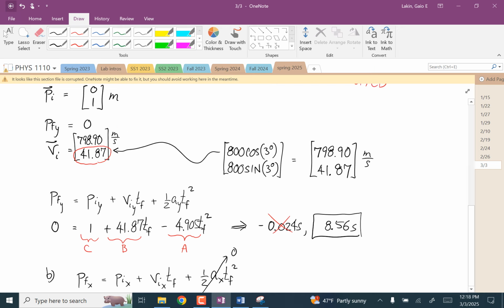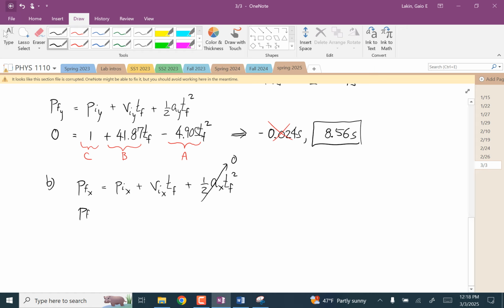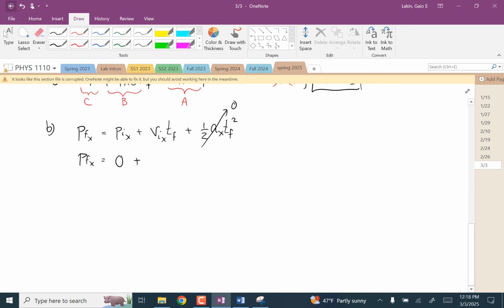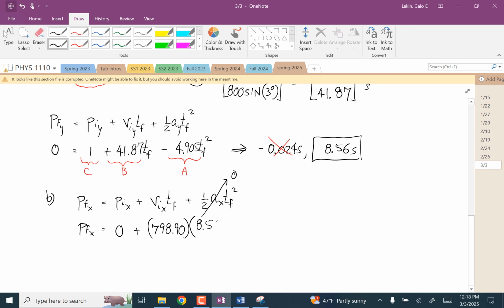And we get that PFX, what we're trying to find, is equal to 0 plus 798.90 times 8.56, and you get 6838.58, which is a little over 5 miles.